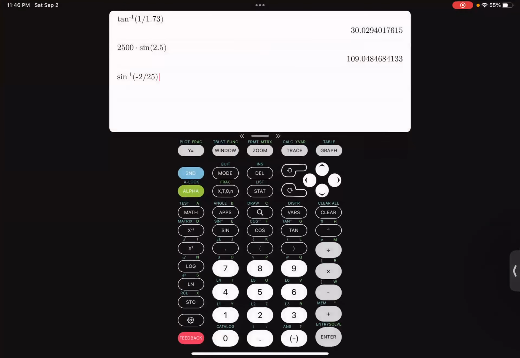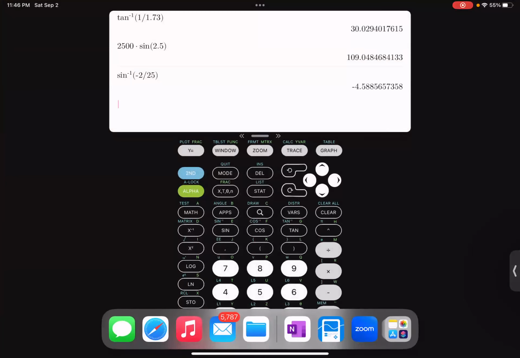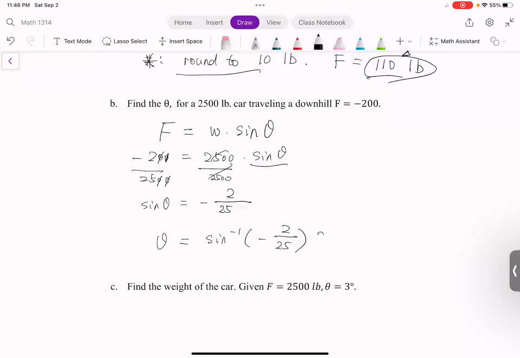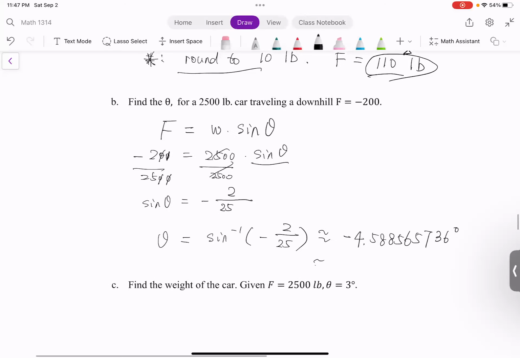Yes. So let's hit enter. That's about negative 4.588565736 degrees. But I need to keep 4 decimal places. The fifth digit is 6, so I'm having negative 4.5886 degrees.